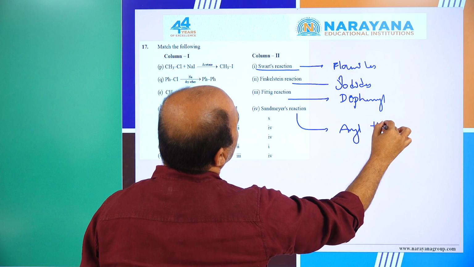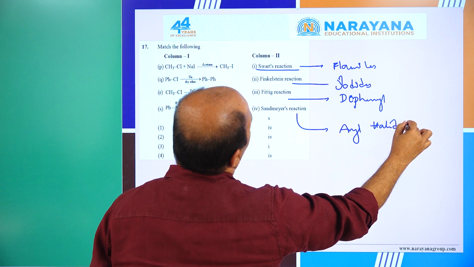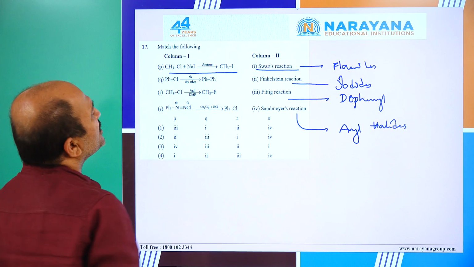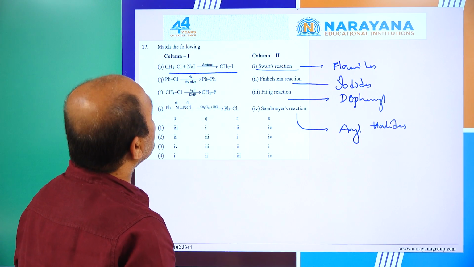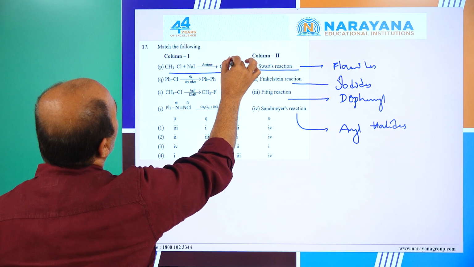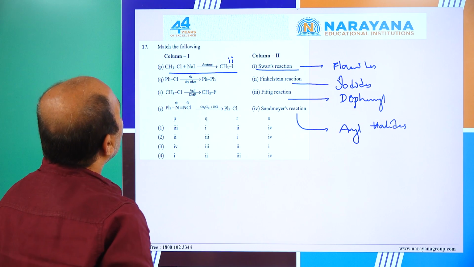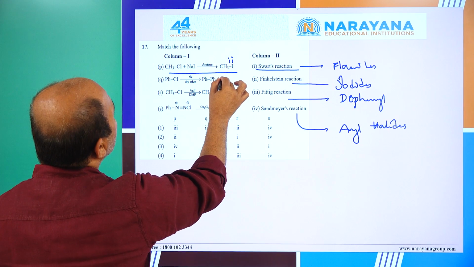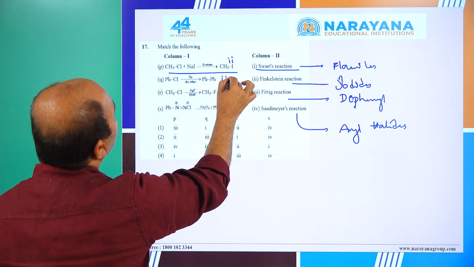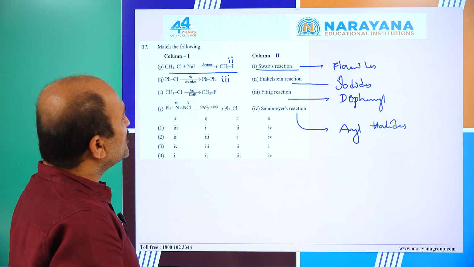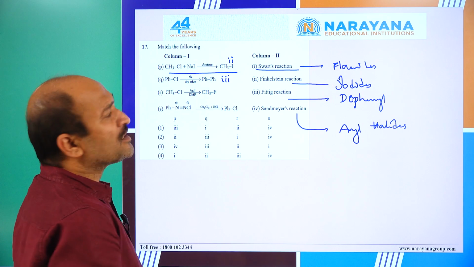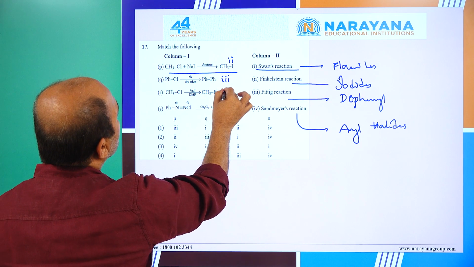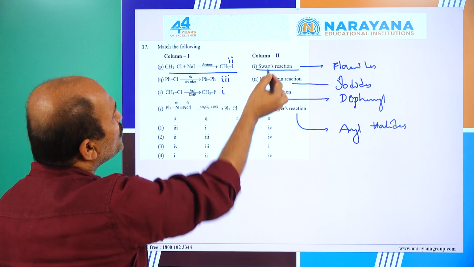It's data based. So in the first option we are getting iodides, so P is related to 2. And in the second, diphenyls are formed, that means Q is related to 3. And the third one is alkyl fluorides. Alkyl fluorides are formed in the Schwarz reaction, so it is related to 1.